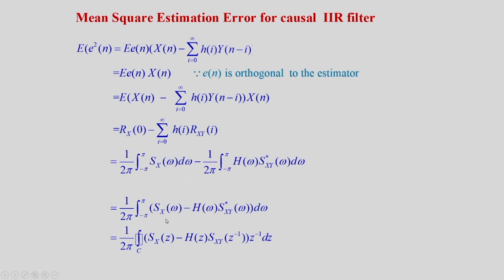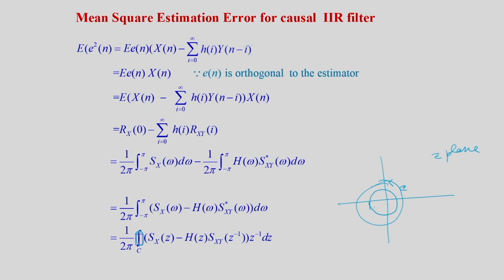Now, this same integral we can get in the Z transform domain also, where we have to perform the contour integral over a contour that includes the unit circle. We will consider one contour in the Z plane. This is the z plane, and this is the contour C, which includes the unit circle.